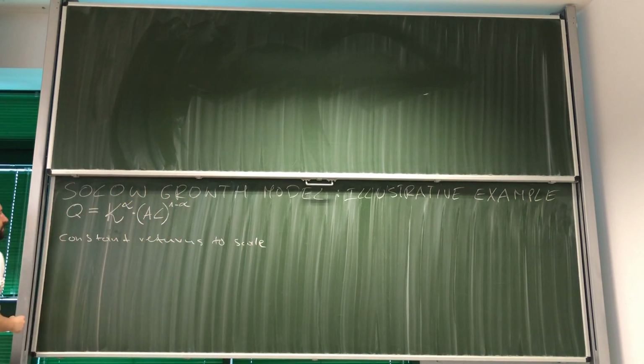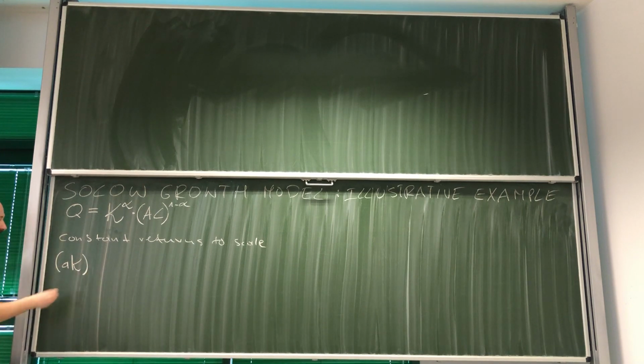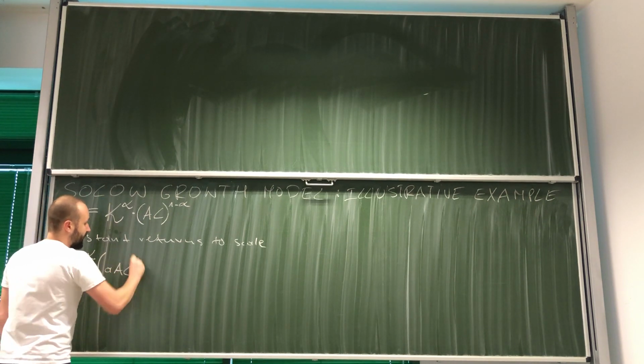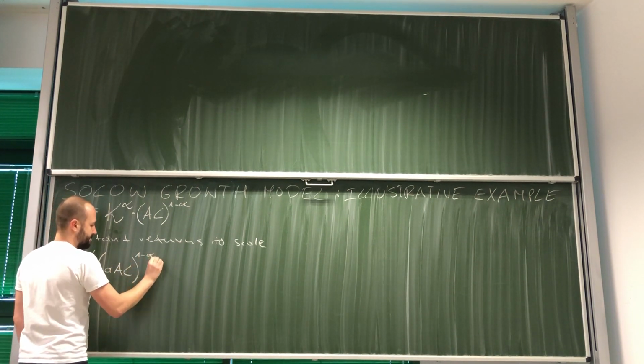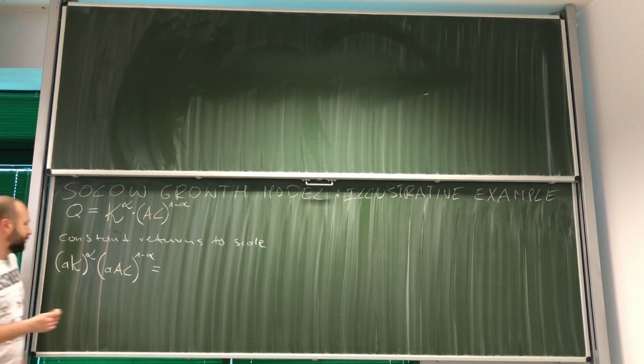If instead of capital we had A times capital, and instead of effective labor we had A times effective labor, we can take A out of the parentheses.